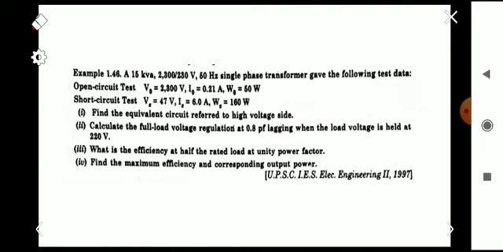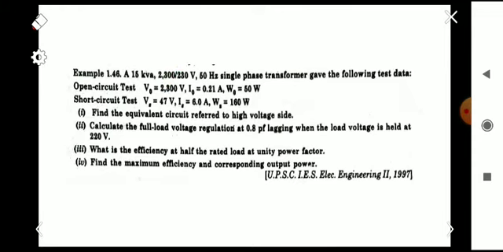While doing the short circuit test, we short circuit the low voltage side, and connect our equipment, that is wattmeter, voltmeter and ammeter, on the high voltage side. As per the values given here, the high voltage side is on the primary.